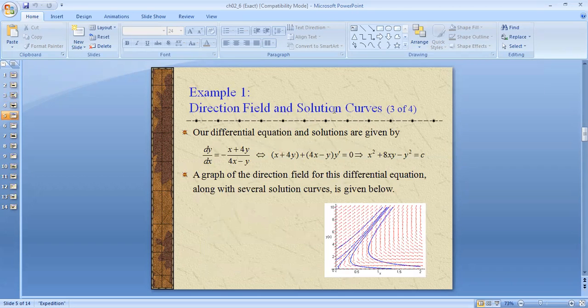Now actually, directional field and solution curve. After solving an exact differential equation, we have to indicate the curve of the solution. Then we must know about the directional field and solution curve. Our differential equation and solutions are given by dy dx equals what? x square plus 8xy minus y square.